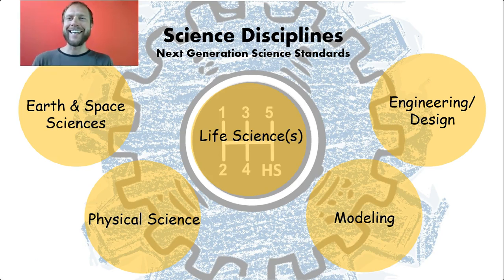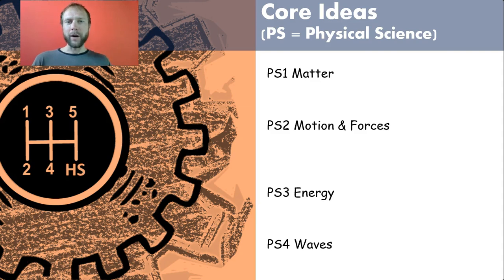So you can start to see how these standards become quite voluminous, a rather thick document, because there are all the grade levels, all the sciences, all the core ideas under the sciences, and then that has to go together into a cohesive plan that makes sense from the perspective of a student as they move from grade K through 12.